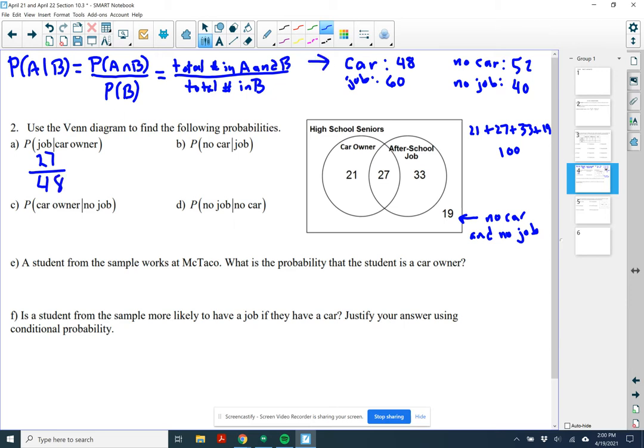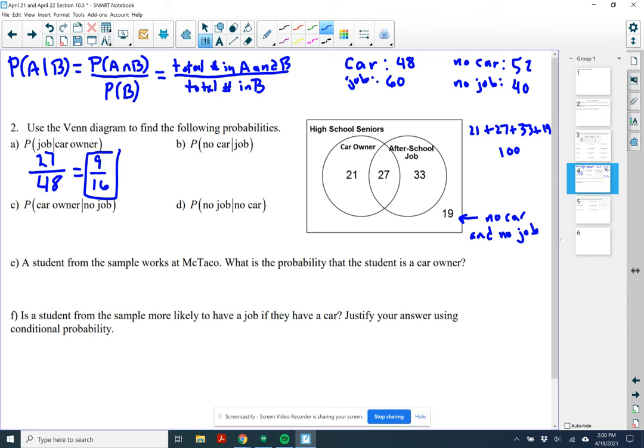That's this number right here. So 27 over 48, we will reduce that fraction if possible, and yes, it is possible because 27 and 48 are both divisible by 3. So we'll reduce that fraction to 9 over 16, and instead of using percents, I'm just going to leave them as reduced fractions. So 9/16 is our answer there.